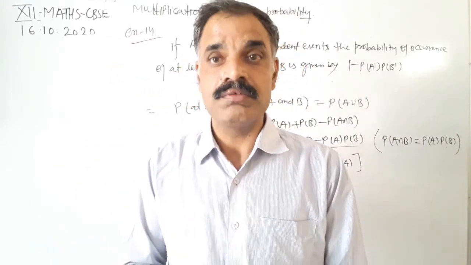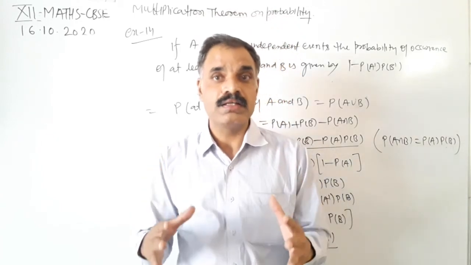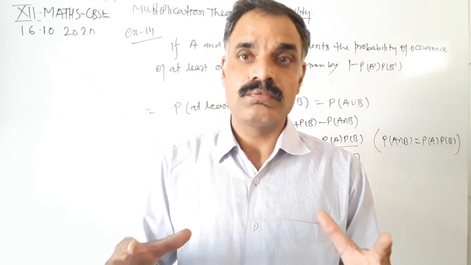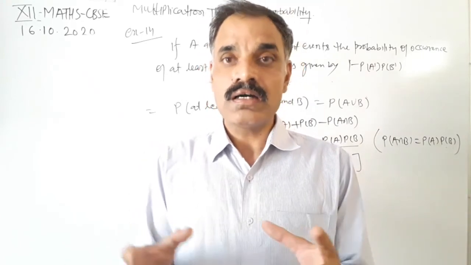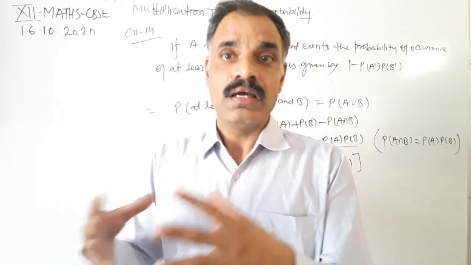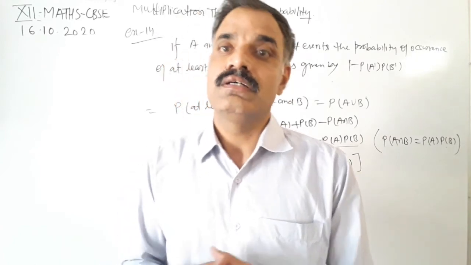After that we discussed independent events. Independent events are events which do not affect the occurrence of one another; the occurrence of the first event does not affect the occurrence of the other event, and vice versa.